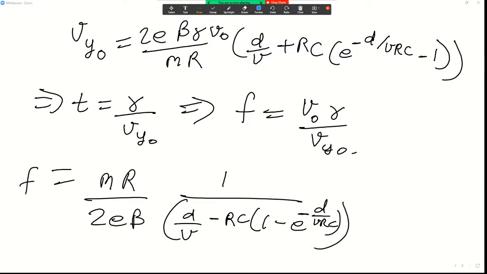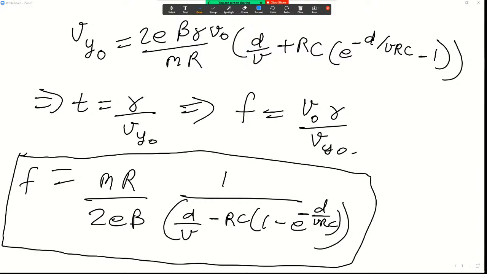So we are getting focal length as this if we assume discharging to be constant.